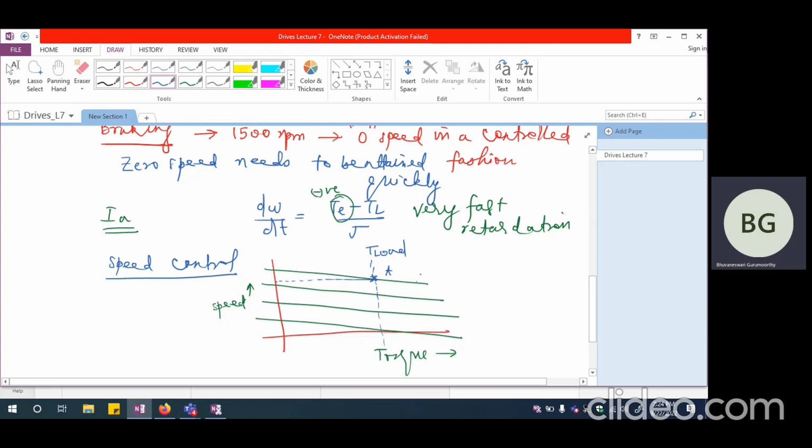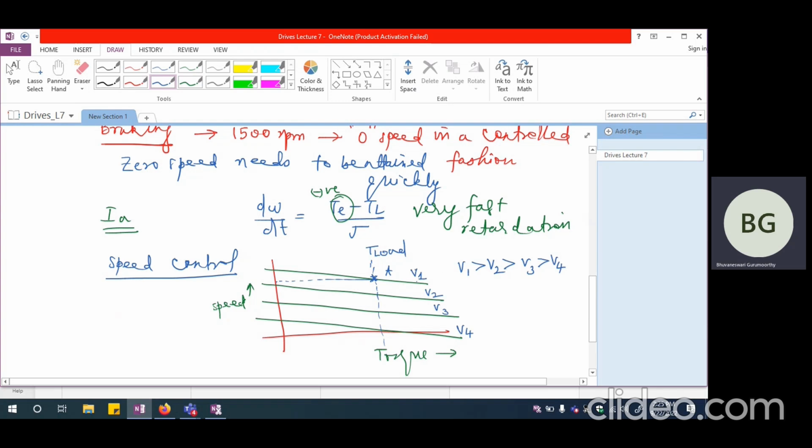I may call this the operating characteristics corresponding to V1, this corresponds to another voltage V2, this is V3, and this corresponds to V4. So V1 is greater than V2, which is greater than V3, which is greater than V4.